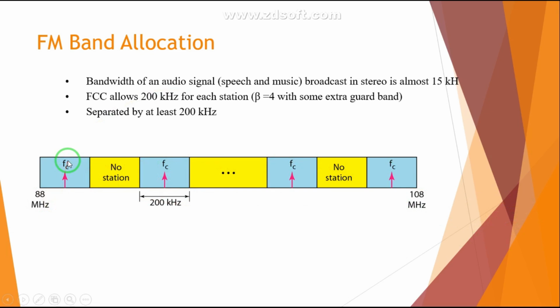So if you have many FM stations, suppose there is an FM station, say Radio Mirchi, whose frequency is going to start from 88 megahertz, and it is going to be allowed 200 kilohertz for each station. Since it's starting, that is FL, at 88 megahertz, then what is the FH for this station?